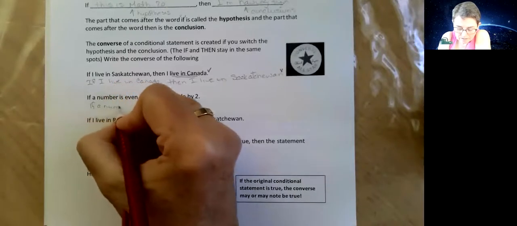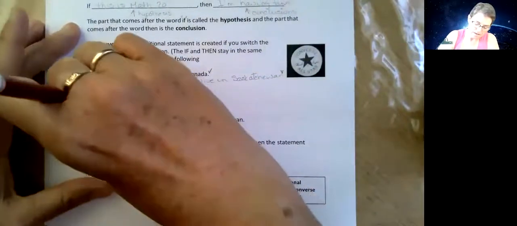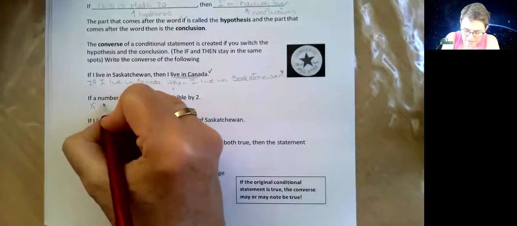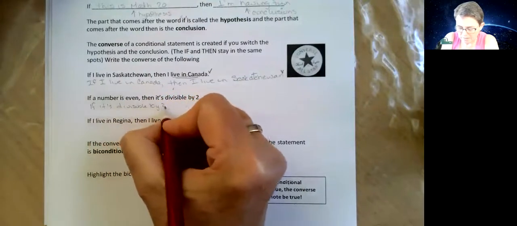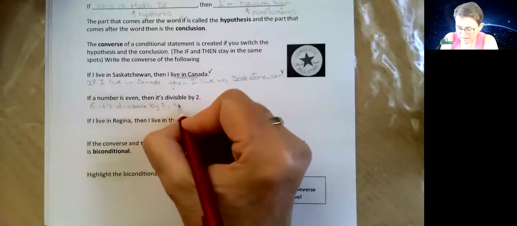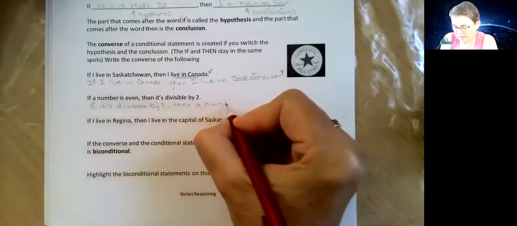How about you try the next ones? I'm going to trust you did. If a number is divisible by 2, then a number is even. See, this is where the grammar gets a little bit sketchy, but that makes sense.